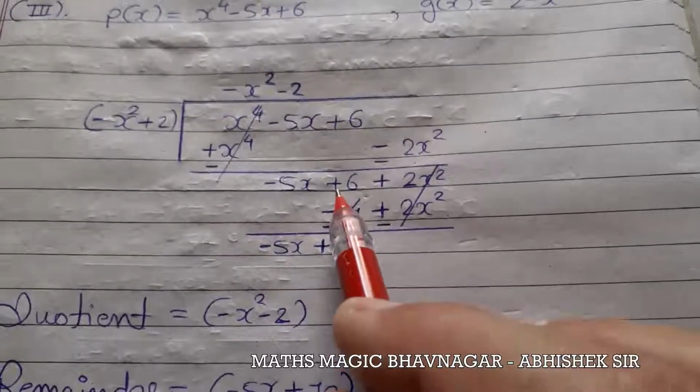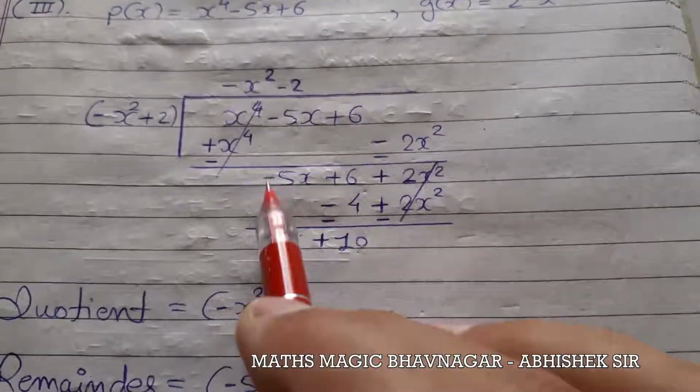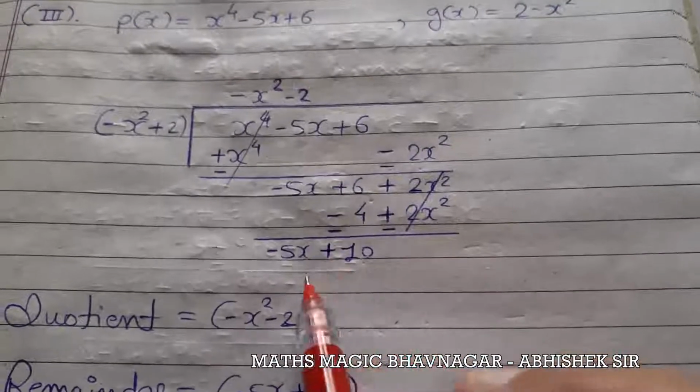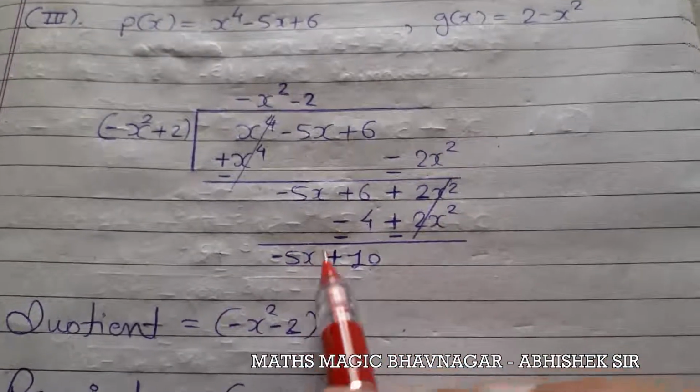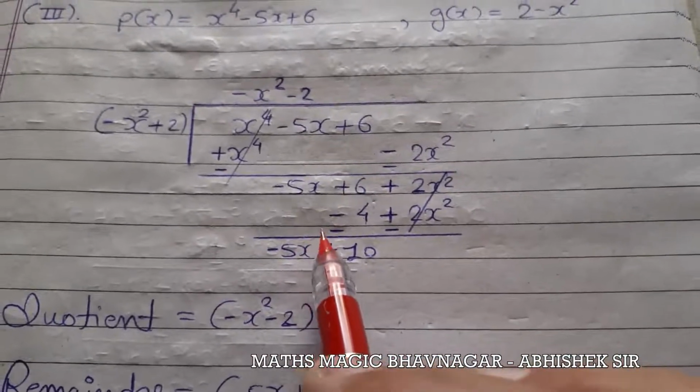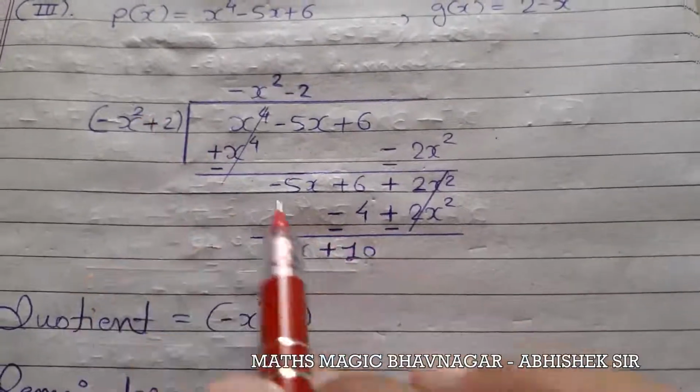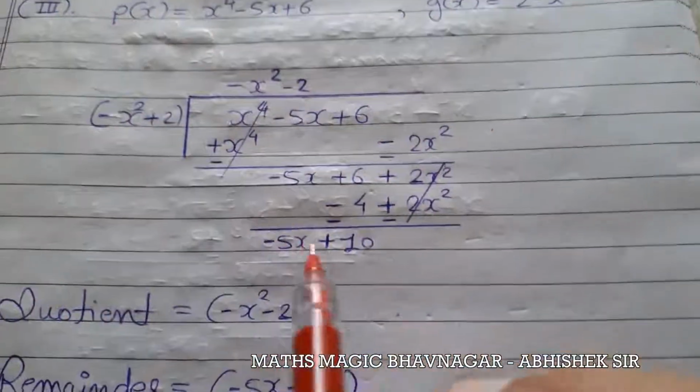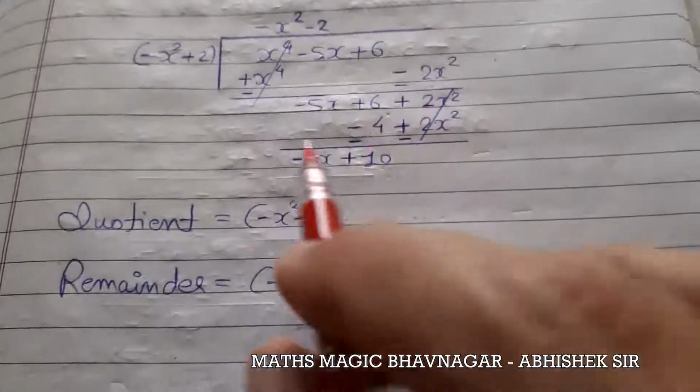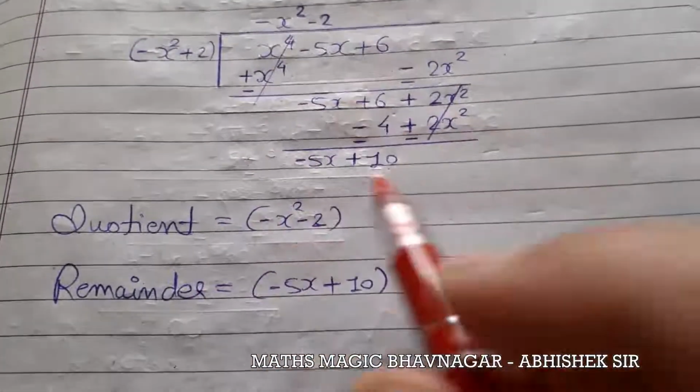Minus minus plus, so 6 plus 4, that is 10, plus 10, minus 5x plus 10. So minus 5x plus 10 is the remainder, because here x has the exponent 1. The degree 1 is less than degree 2, so no further division. So the quotient is minus x square minus 2, and the remainder is minus 5x plus 10.